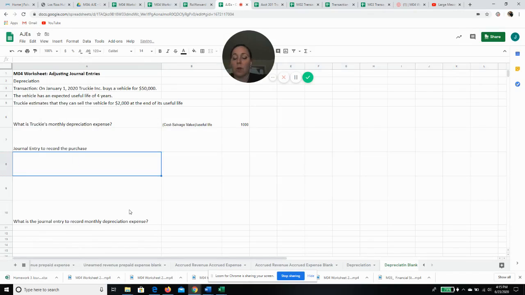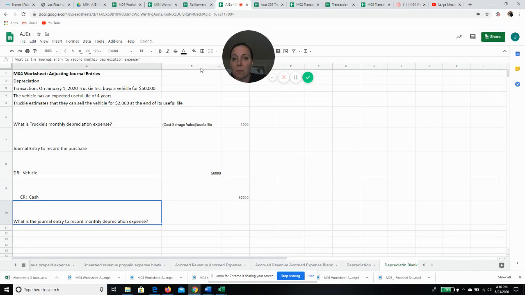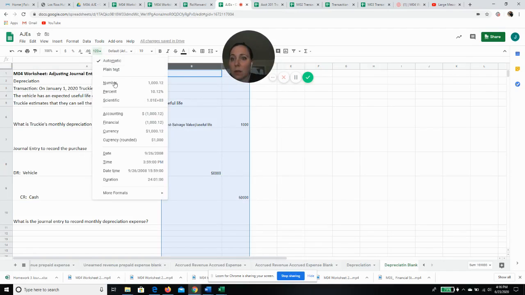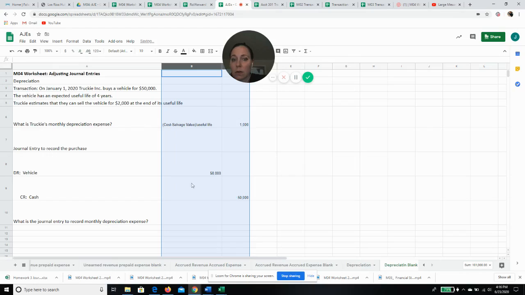Okay, so we did this when we bought equipment back in module 3, but we're going to debit vehicle, and we're going to debit that for 50,000, and then we're going to credit cash or AP, whatever it is, 50,000. Okay, just gonna do some quick formatting here so that our numbers look like numbers.